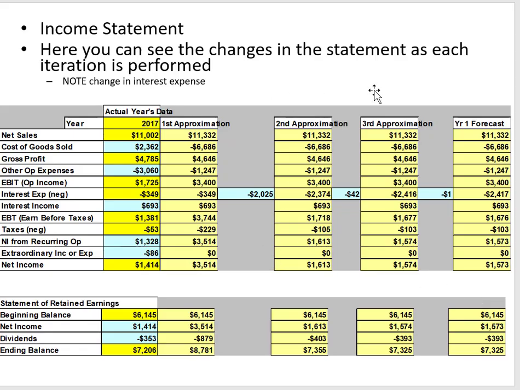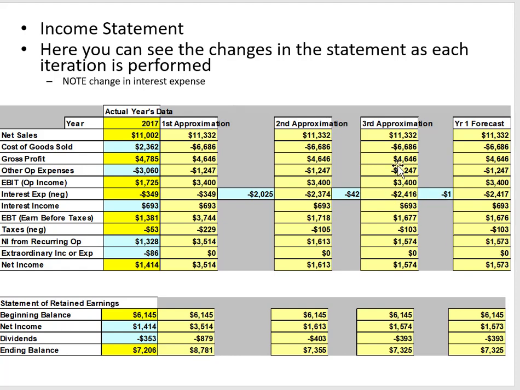And this isn't the easiest slide to see here, but this is the income statement and the retained earnings statement. As you can see here, here's that increase in interest. So we have approximations. What the spreadsheet does is it changes it, finds out what the difference is, changes it, finds it.